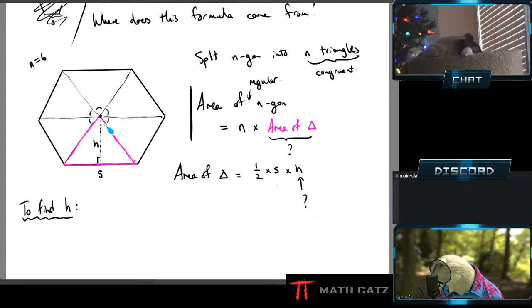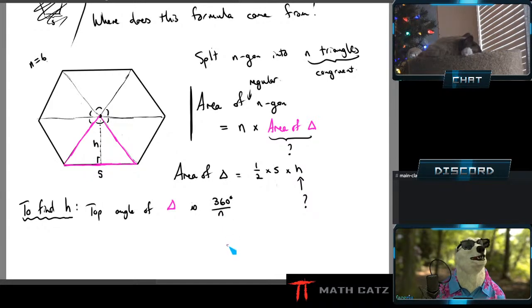So this angle here, let's call it nothing right now, the top angle of my pink triangle. I'm trying to make this as clear as possible. It is 360 degrees split into, in the hexagon case, 6 equal pieces, but in general, n equal pieces.